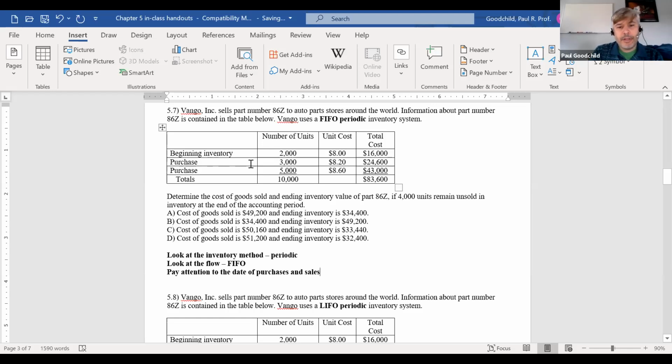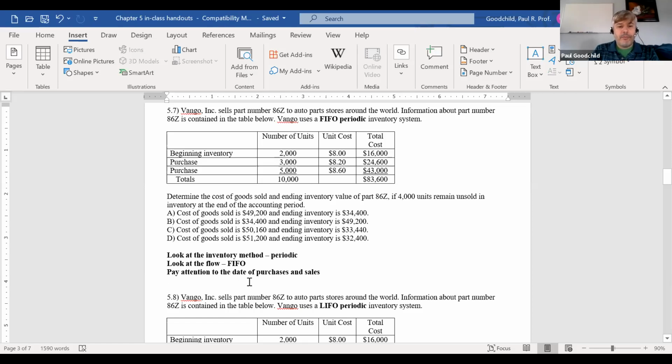The reason is that if something was sold in the middle of the period, say, then with first in, first out, some of these units may not be available. Now in this question, it looks like we're using a single period, so we don't have too much to worry about.